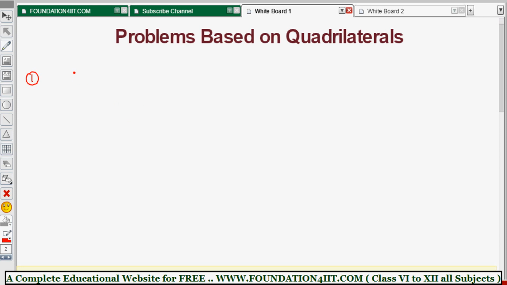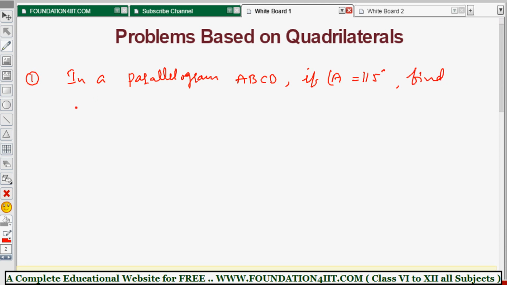So the question is: in a parallelogram ABCD, if angle A equals 115 degrees, then find the other angles, that means angles B, C and D. If we take the parallelogram, we should know the properties of parallelograms.